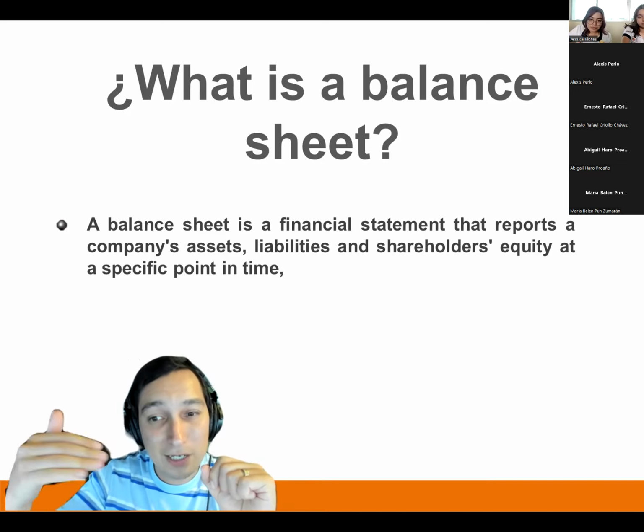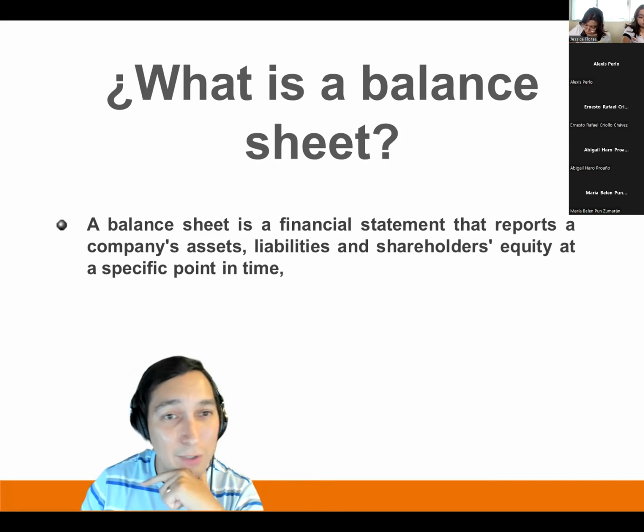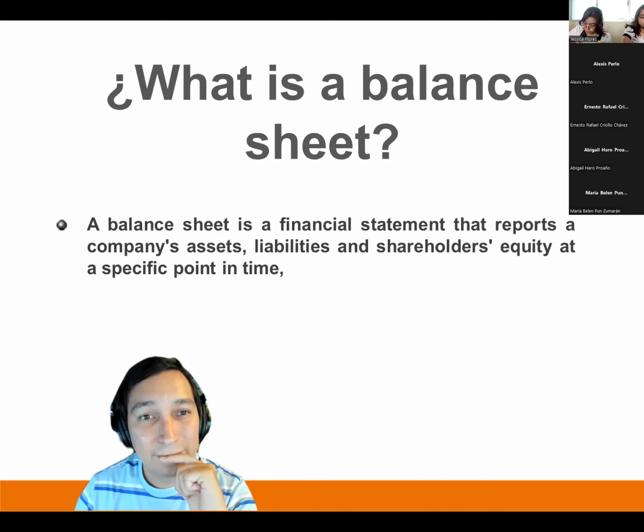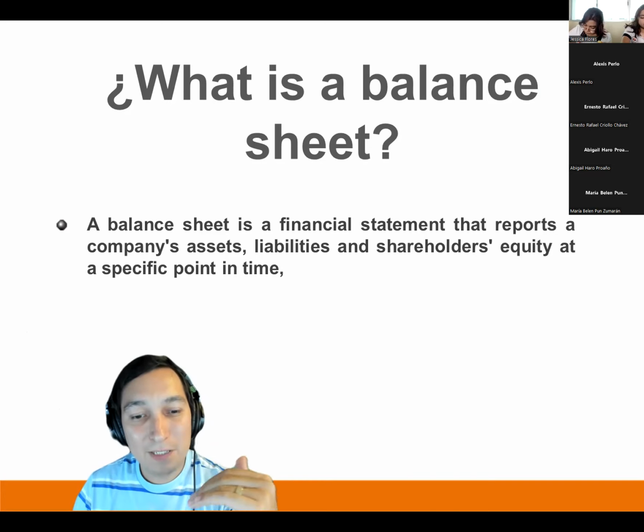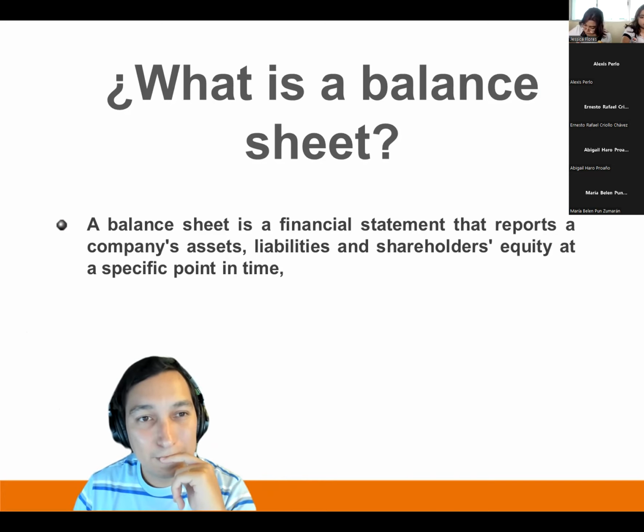What's the difference between liabilities and shareholders' equity? If both are debts, what's the difference? There is. Why the risk? Because it expects better results or something.